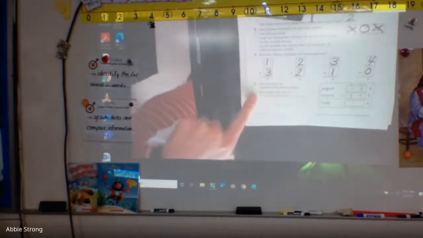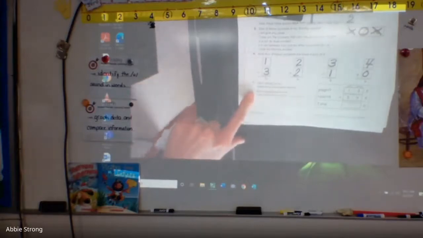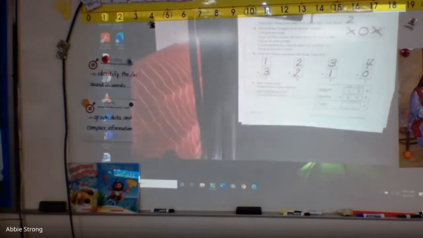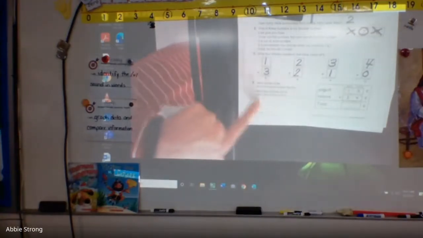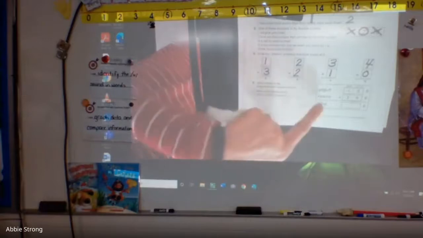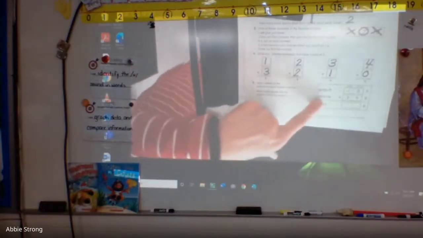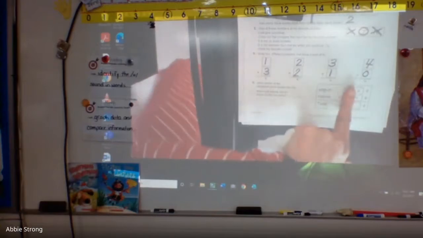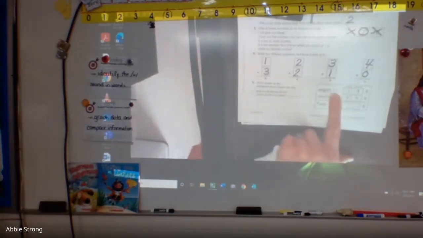Look at number 5. It says, Jed's receipt at the classroom store looked like this. How much money did he spend for the 2 items? He bought yogurt and raisins. Can somebody come put the answer in the pennies? It says yogurt was 13 cents and raisins was 34 cents.